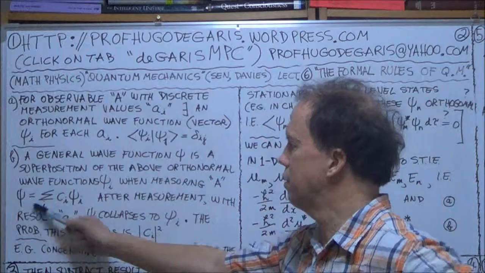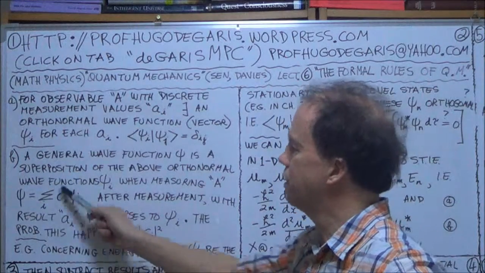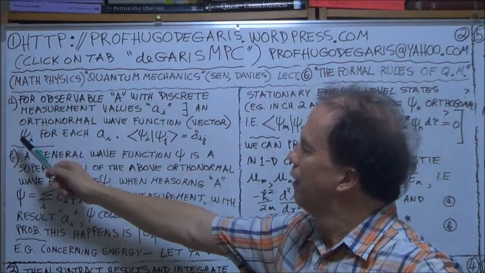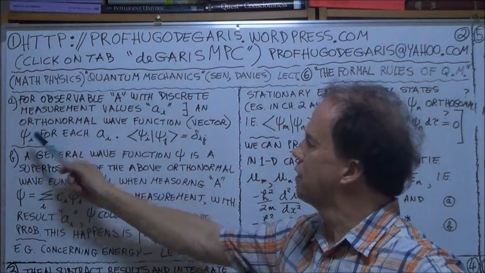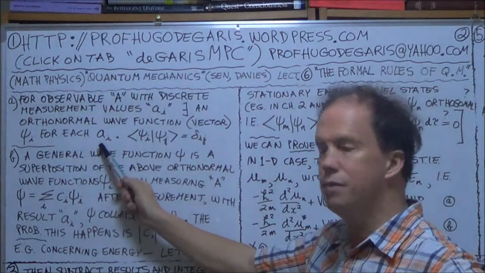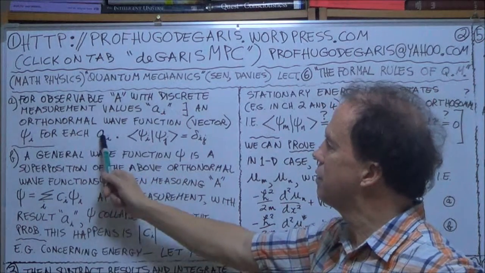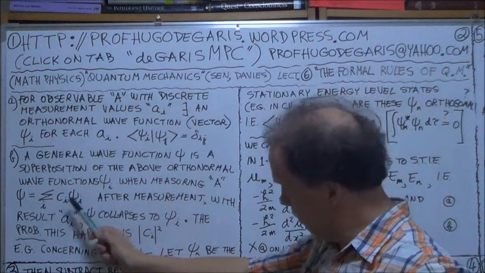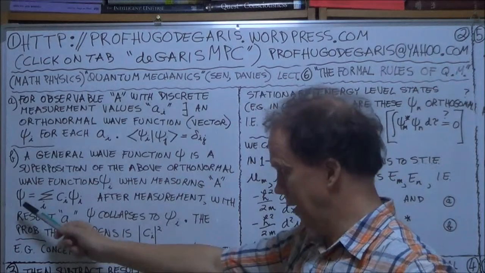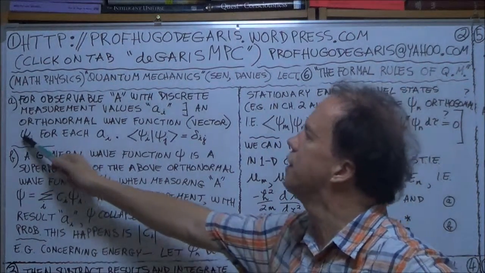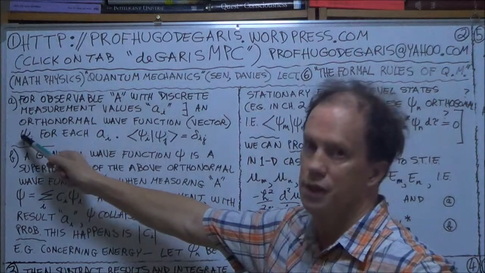So you have this general superposition form. So if these psi_i's are the wave functions that correspond to the allowed discrete measured values, then you can express a general wave function as a superposition of them.